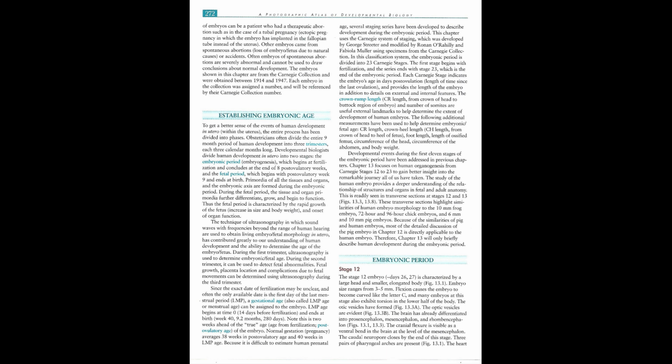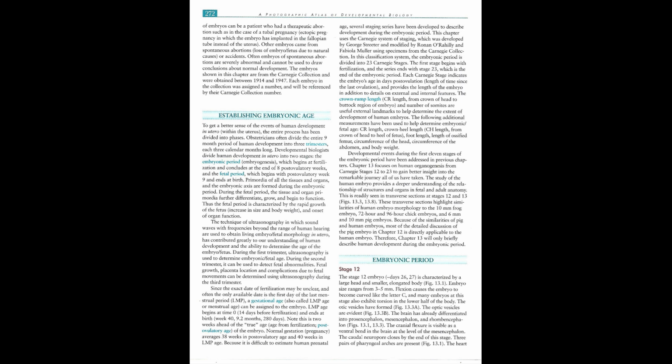Establishing embryonic age. To get a better sense of the events of human development in utero, within the uterus, the entire process has been divided into phases. Obstetricians often divide the entire 9-month period of human development into 3 trimesters, each 3 calendar months long.